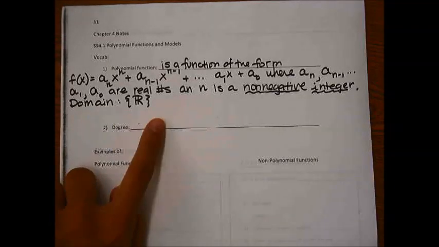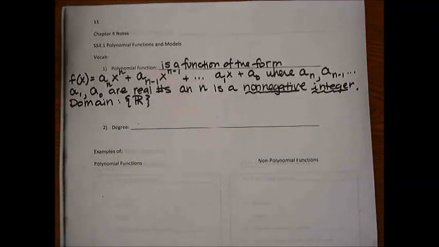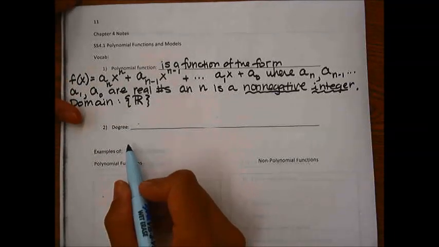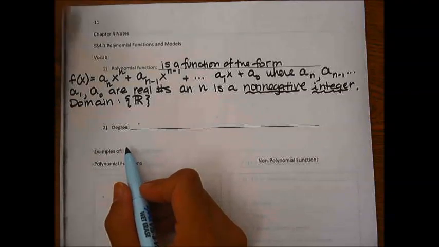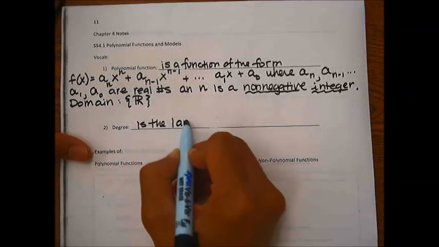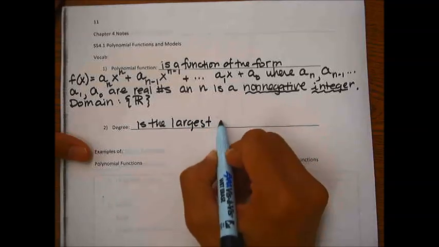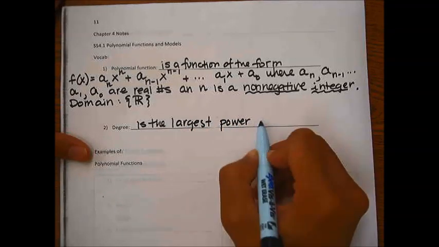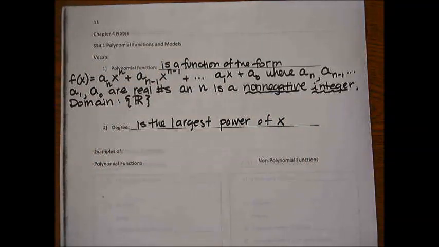Notice I'm not giving you a range because the range will be different. The degree of the polynomial is the largest power of x, and we're going to look at a couple examples of what the degree may be.